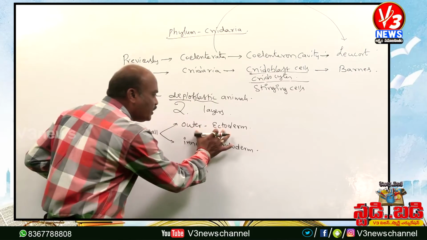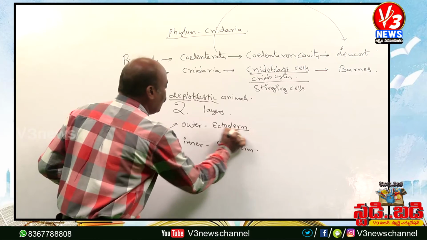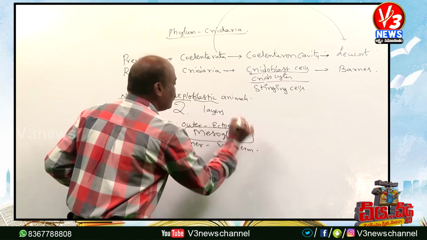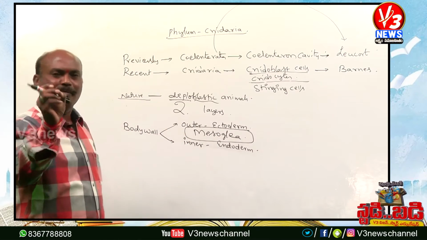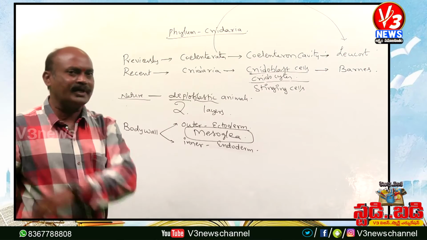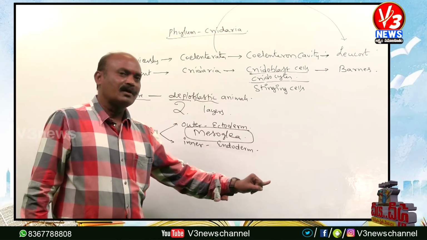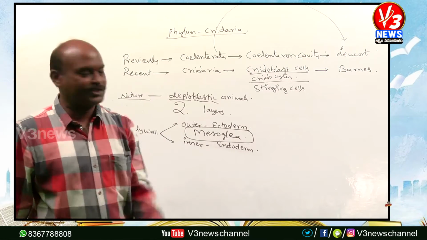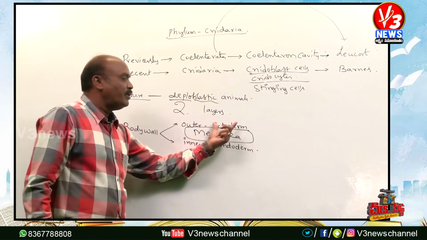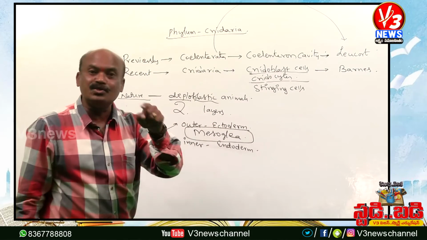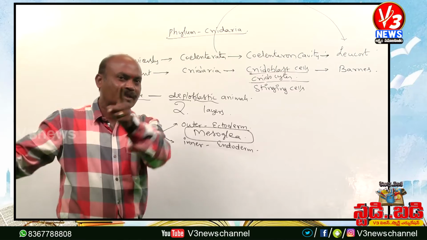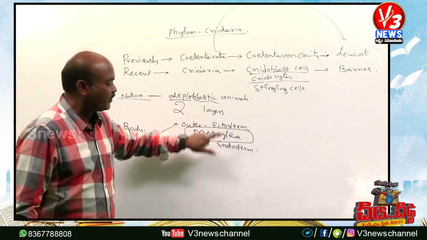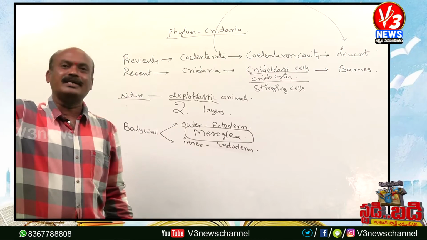Between the outer ectoderm and inner endoderm, mesoglea is present. Remember, there are three terms. In sponges, between the two layers is mesohyl, a gelatinous matrix. In Nidarians, between the ectoderm and endoderm is mesoglea. The next phylum, the first triploblastic phylum, is Platyhelminthes. Between the ectoderm and endoderm, mesoderm is there.